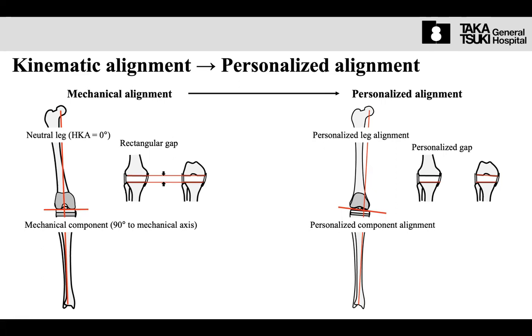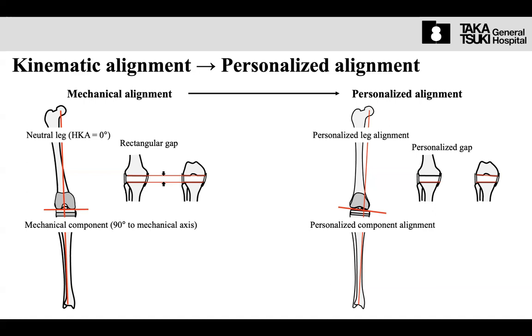The soft tissue situation is different from the patient's native situation. So the component alignment is adjusted based on the gap balancing. Eventually, after the functional alignment, the gap balancing can be adjusted, because that is the aim of the functional alignment approach.